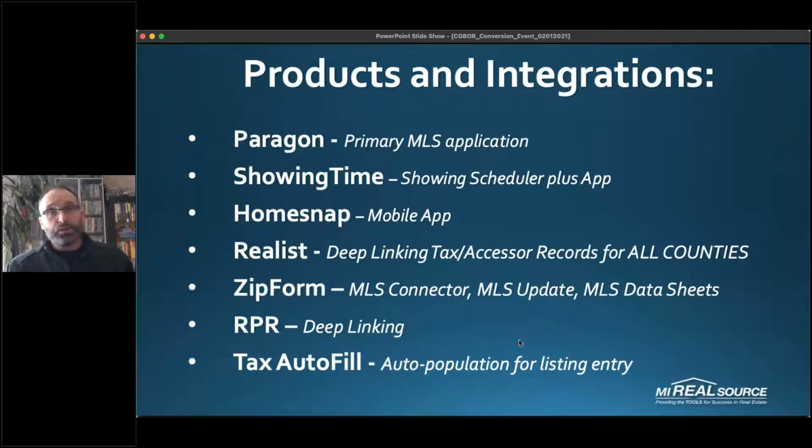That is a big shortcut, and our data sheets are available in there as well. We do have deep linking into RPR, and we do offer auto population from Realist records into Paragon. That covers the entire state of Michigan. So you can simply look up any property in the state of Michigan in Paragon and start a listing that way.